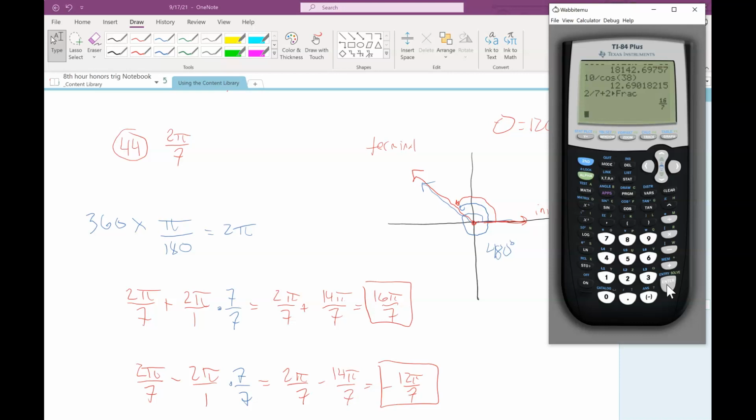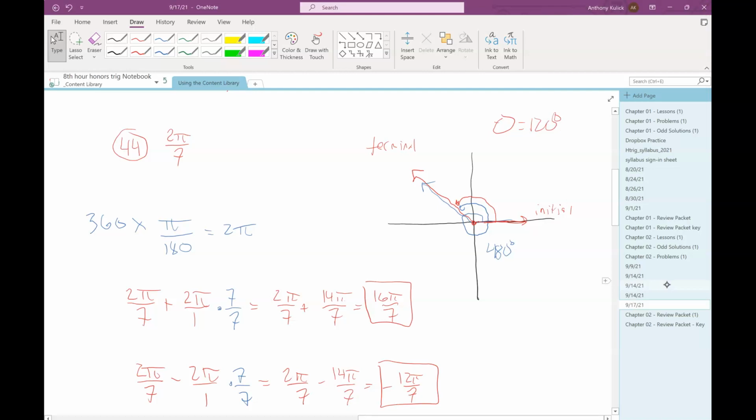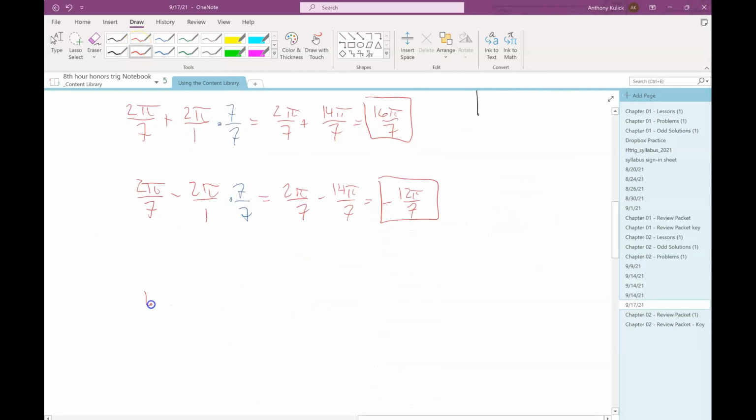Maddie! Can you do number 43 too? Sure. 43 is easy now. Well, we've done all the hard part, building out the foundation here. So I have a 187-degree angle. To get a positive coterminal angle, I'll just add 360. To get my negative, I'll just subtract 360.